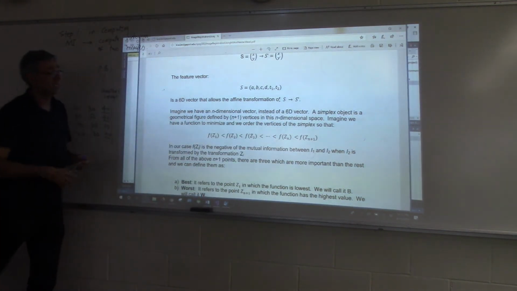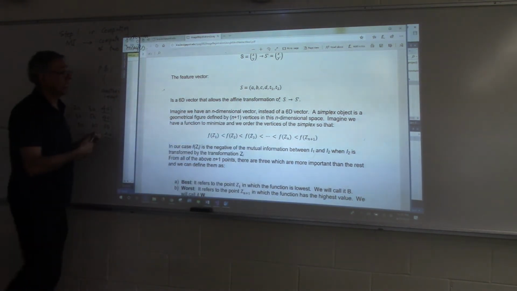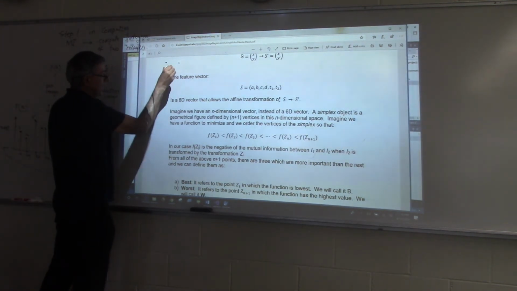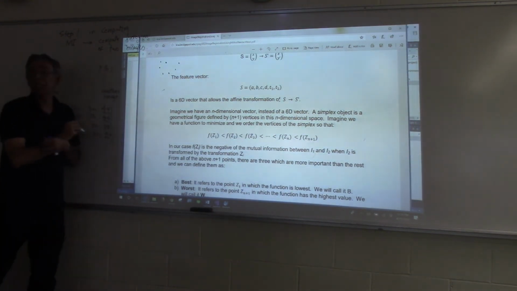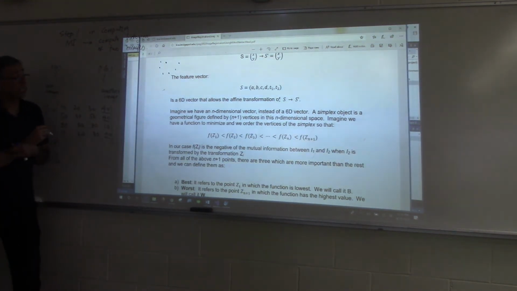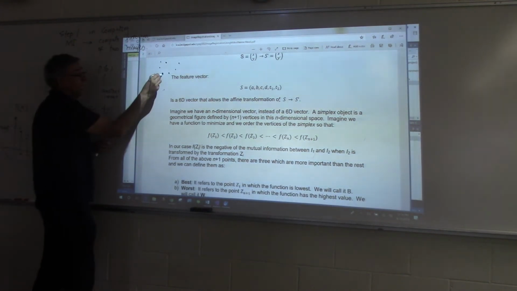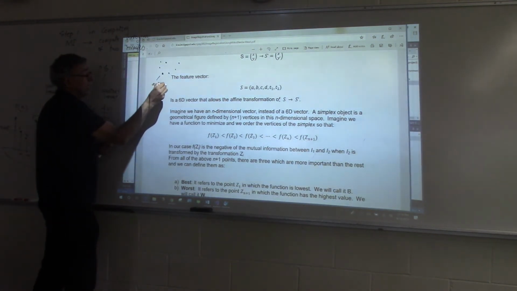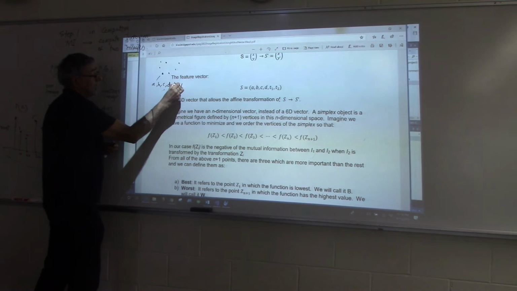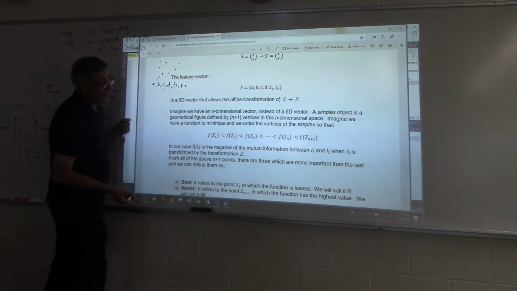Everybody agrees? Okay, so that means in our amoeba algorithm, how many? 1, 2, 3, 4, 5. We'll create 7 points. Okay, each will be a potential solution to the problem, meaning each will have A, B, C, D, T1, T2.